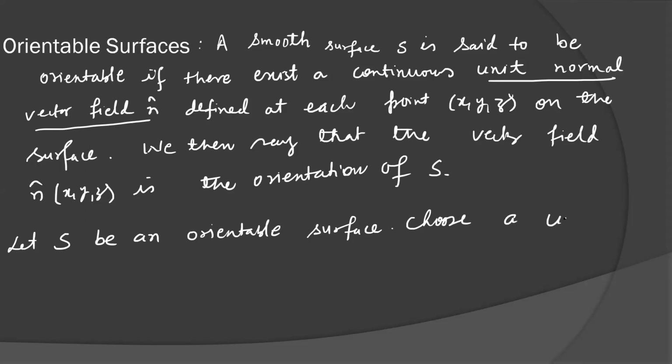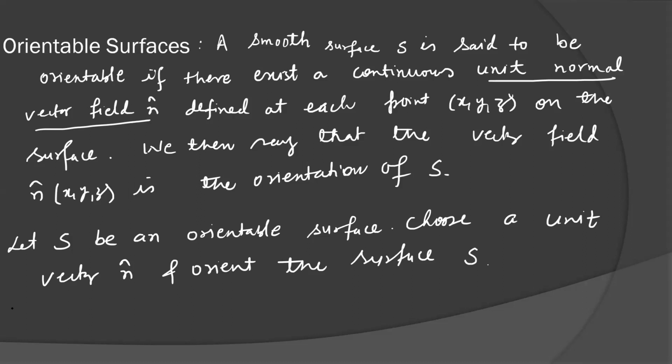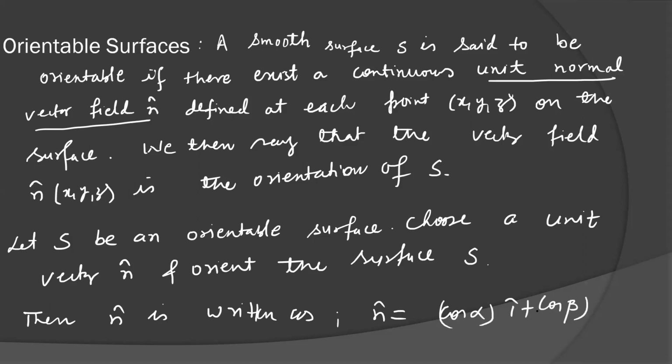Choose a unit vector n cap and orient the surface capital S. Then n cap is written as n cap equal to cos alpha i plus cos beta j plus cos gamma k.